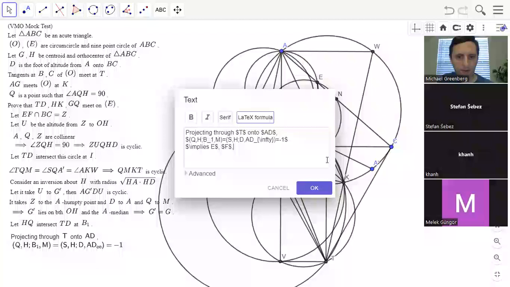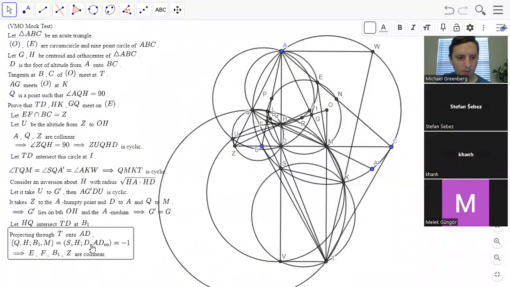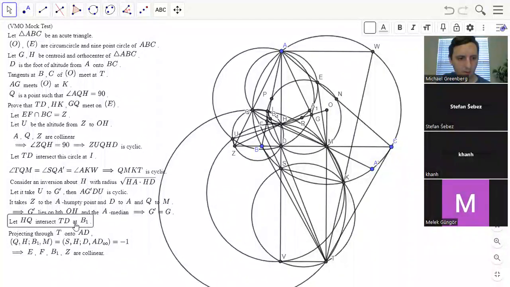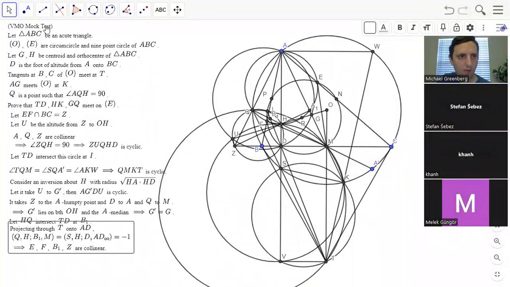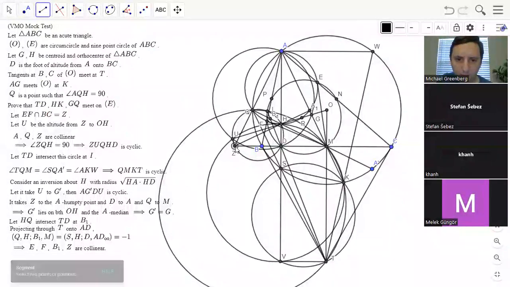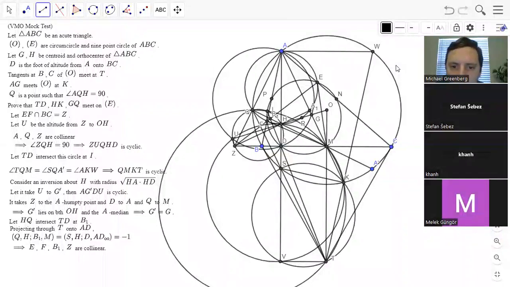Let me think about that a little bit. Now HD and TM are parallel.